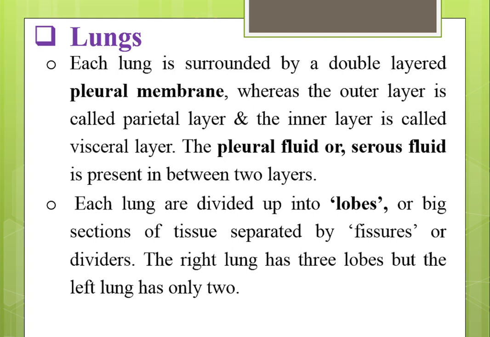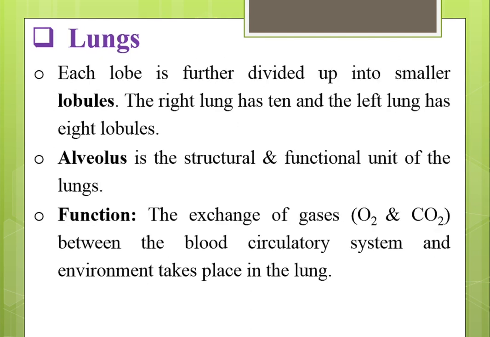Both right and left lungs are divided into many lobes. The right lung has 3 lobes, but the left one has only 2. Each lobe is further divided and forms smaller lobules, whereas the right lung has 10 lobules and the left one has 8 lobules.